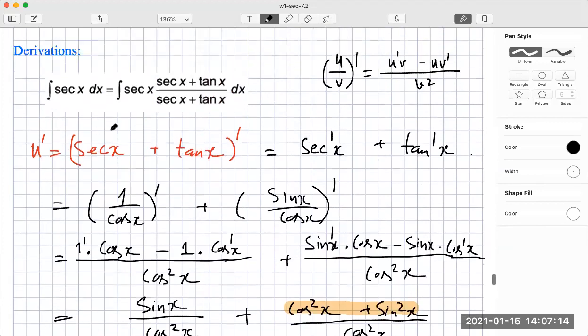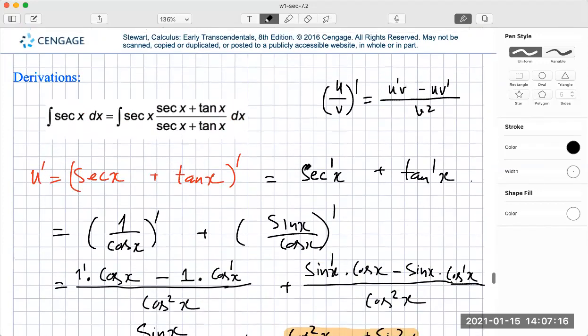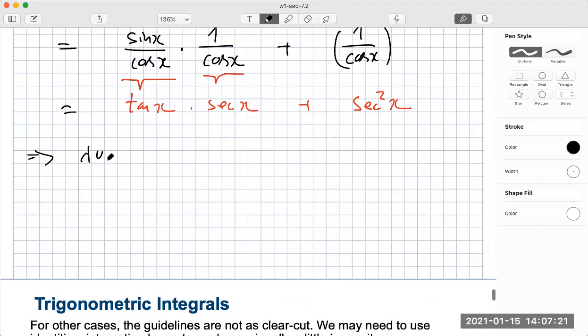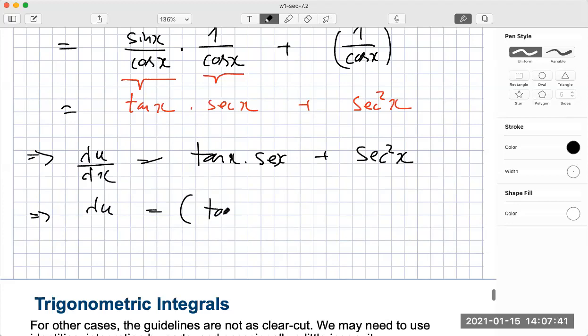Anyway, so we have this. u prime, which is du over dx, will be 10x secant x plus secant square x here. So we multiply both sides by dx, therefore du will be 10x secant x plus secant square x, dx. Okay.